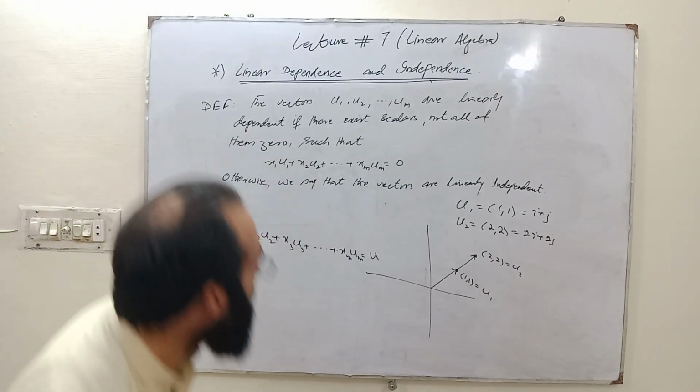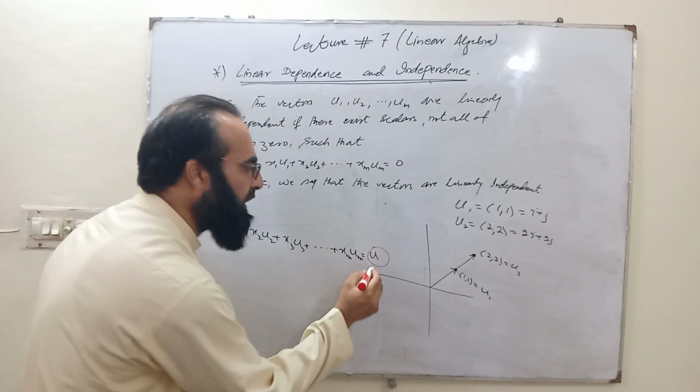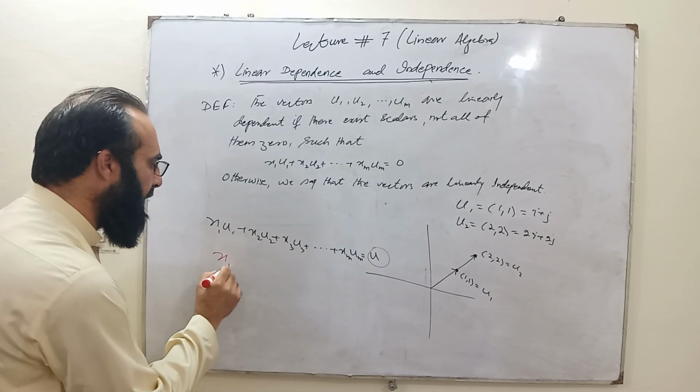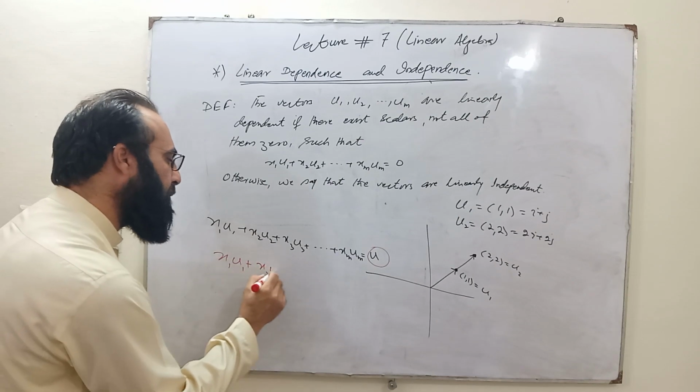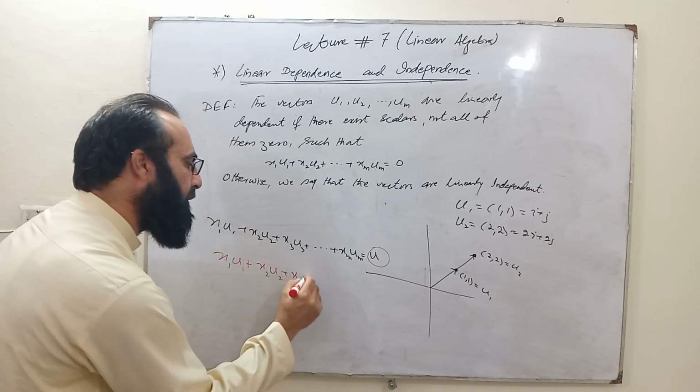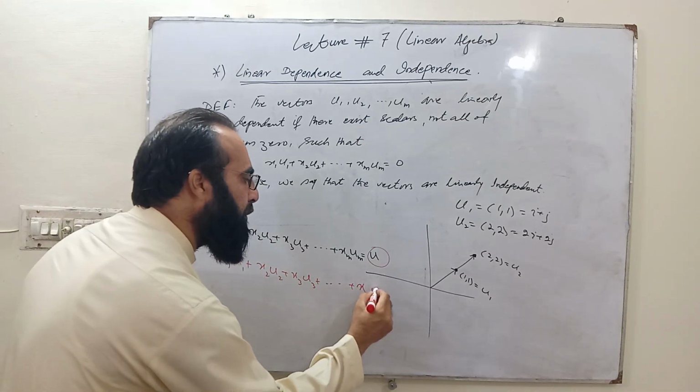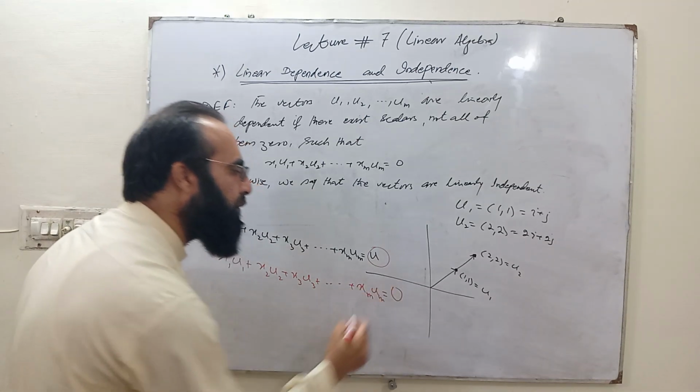If this specific vector becomes a zero vector, then from this equation we get x1 u1 plus x2 u2 plus x3 u3 up to xm um is equal to zero vector.